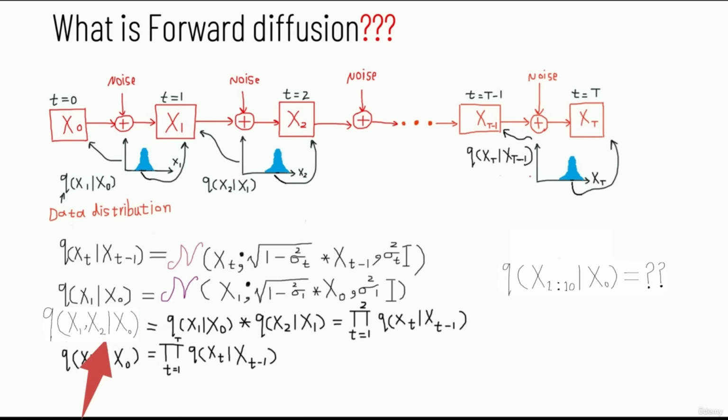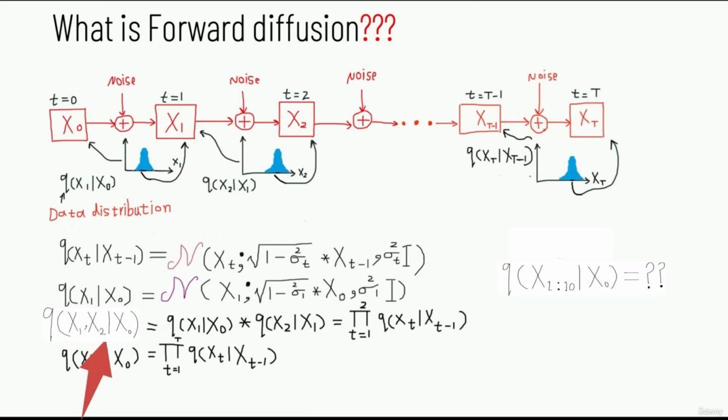Here is the most important thing. Let's say that we want to find the distribution of all possible sequences of x1 and x2 variables given x0. We call this distribution the joint distribution, and it describes multiple variables, here in this case two variables, x1 and x2.